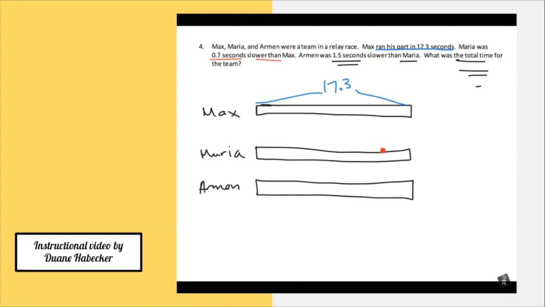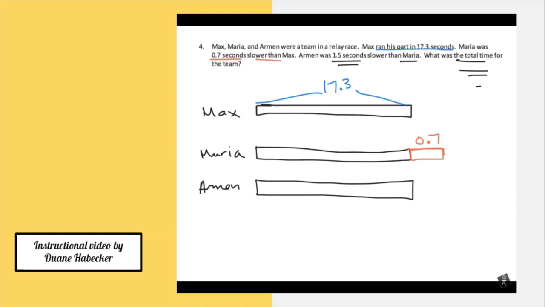So what does that mean? Well, that means Maria's portion, we have to chop off. No, slower. So that doesn't mean we're going to chop off. That means we need to add on an extra 0.7 seconds. Because Max was this length, Maria took a little bit longer.